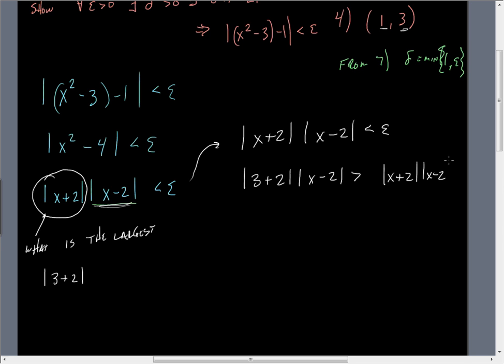And the reason for that is that we cannot include 3. 3 is an upper bound, but we cannot include it. It's not a closed interval, it's an open one, so we cannot include 3. And so if we do, then we know our answer has to be less than that, which means that because of 3 plus 2, those are absolute values, times x minus 2, we're going to make that less than epsilon. And by chain, we have this.